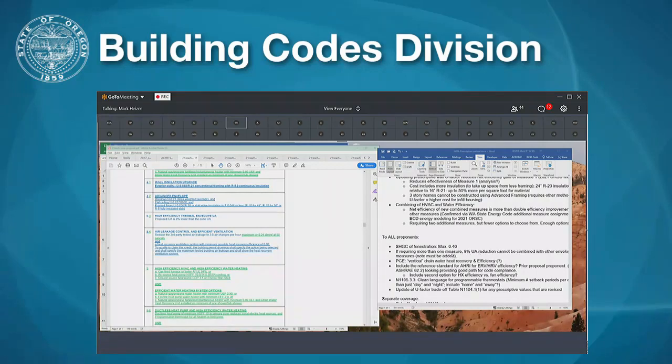There was a question to ask about PG, whether it was more a commentary, noting that one of the water heating methodologies has a drain water heat recovery unit. They wanted to see whether people would be open to changing that language so that if using the drain water heat recovery unit, it be a vertical one and possibly list the minimum efficiency of that. So that'll be another discussion piece.